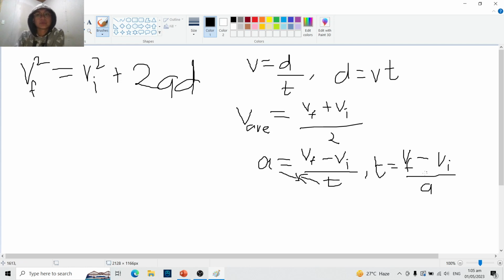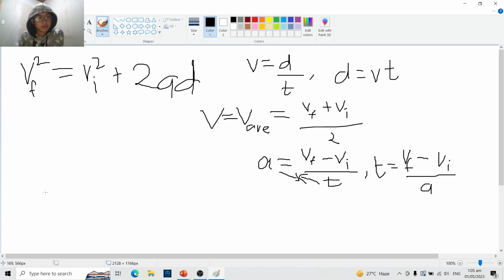So now V average, which is also equal to just V. So we substitute the two.